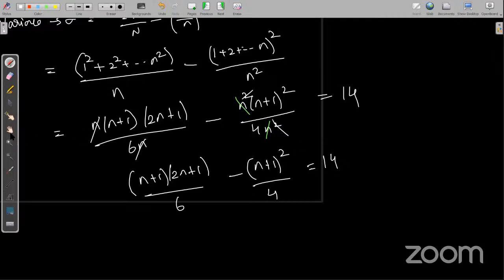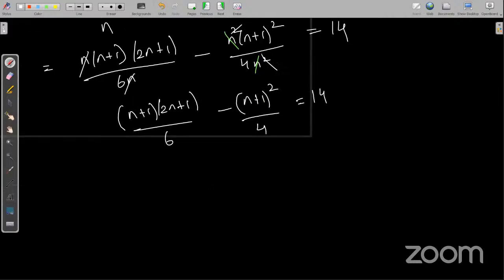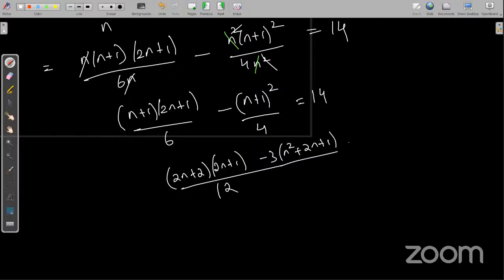So now we just have to solve for n. Take the LCM, and you just have to solve this one. So I will get 4 into n plus 1 into 2n plus 1. As we have taken the LCM as 12, it is 2 into 2n plus 1 into n plus 1, minus 3 into n square plus 2n plus 1, is equal to 14.